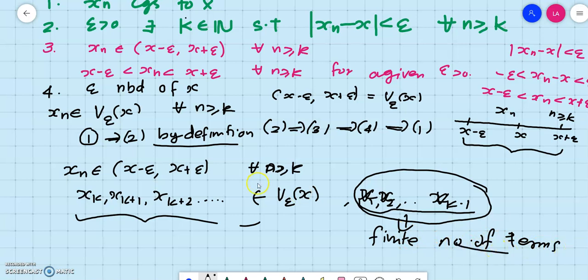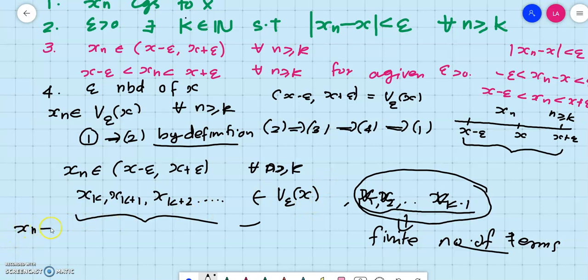Okay, so a sequence converges means except for a finite number of terms, all the terms belong to some interval of the point, or the limit, or some epsilon neighborhood of the limit. So you can understand convergence by means of this as well.